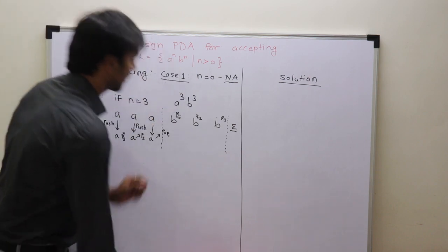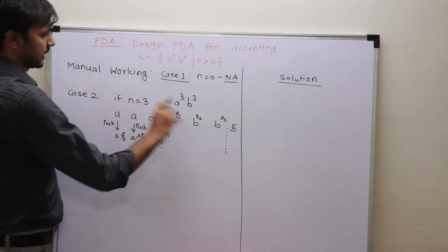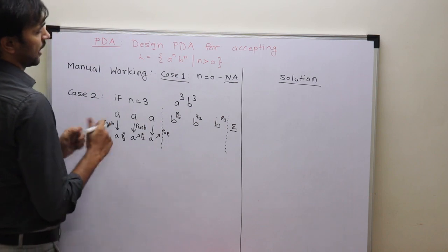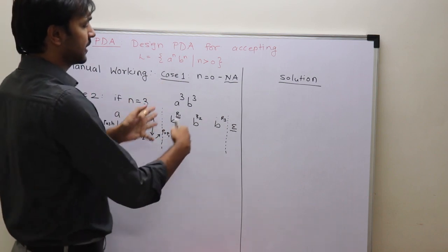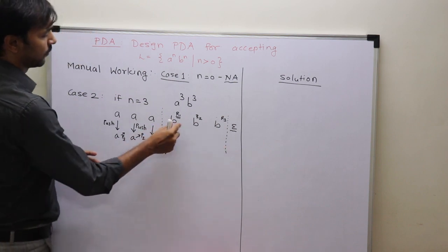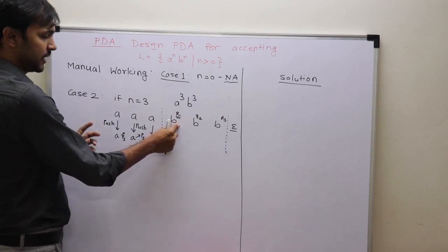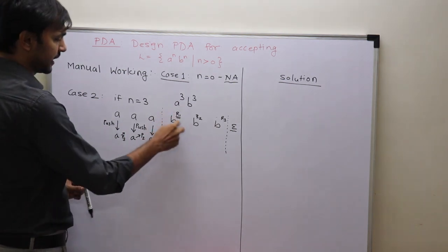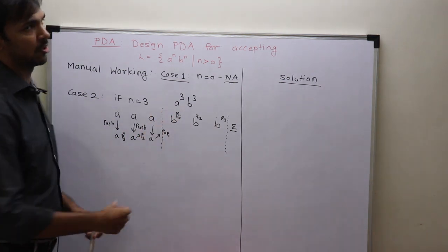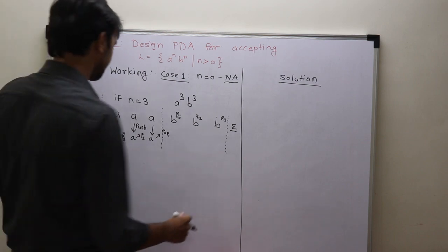So let's revise how the PDA processes this and recognizes the pattern. Half of the string is pushed into the stack, and in the remaining half, one B is read, and to indicate that this B is read, the topmost A is popped out of the stack.